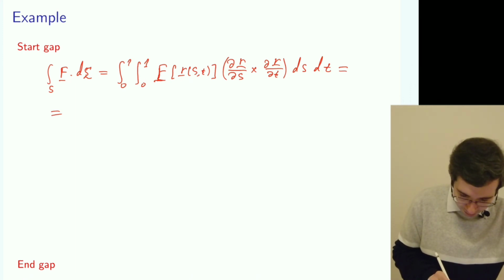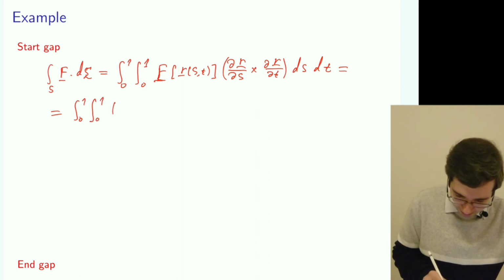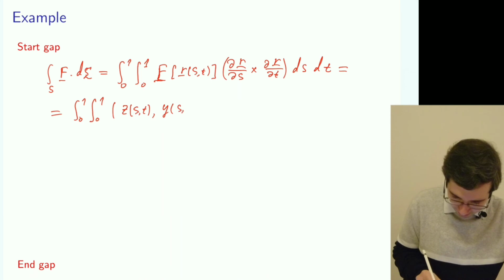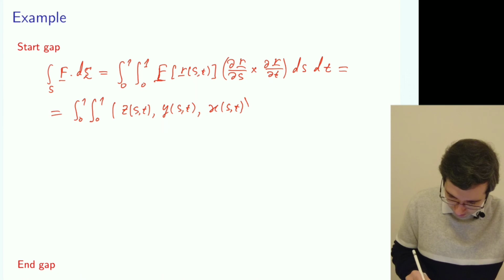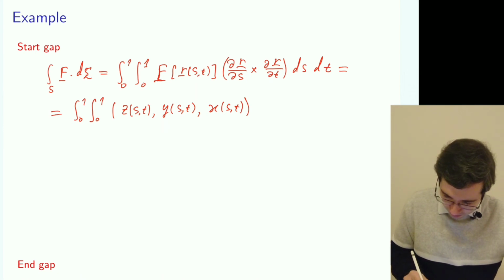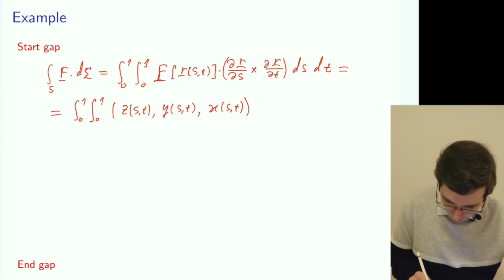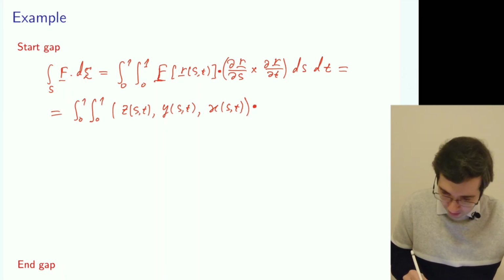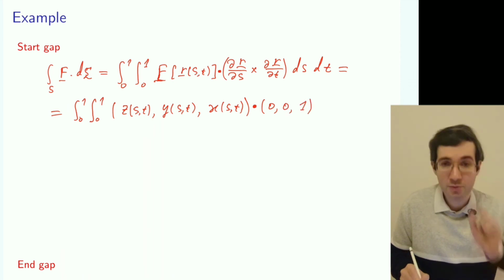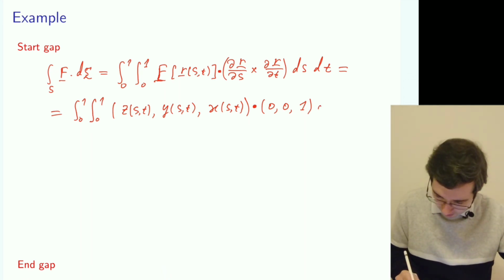So let's just use what we already found. We found that we had this vector, z of s and t, y of s and t, and x of s and t. And we multiplied, scalar multiplied right here, with the cross product between these two directions, which we found to be just one component, the z component.